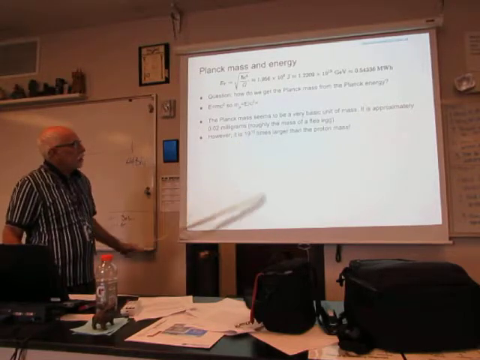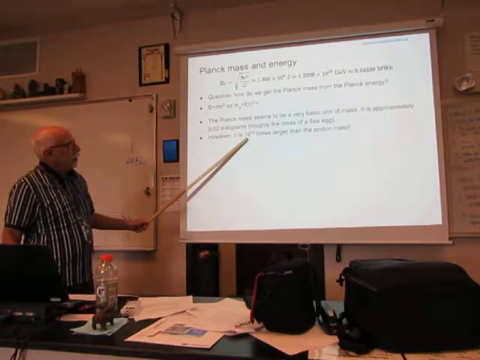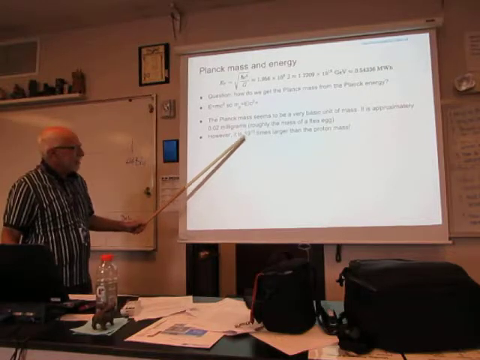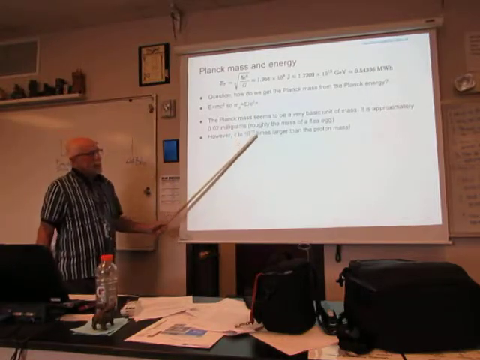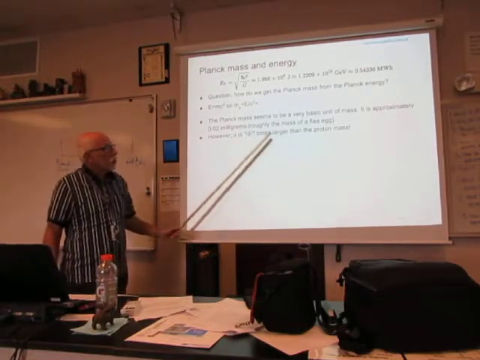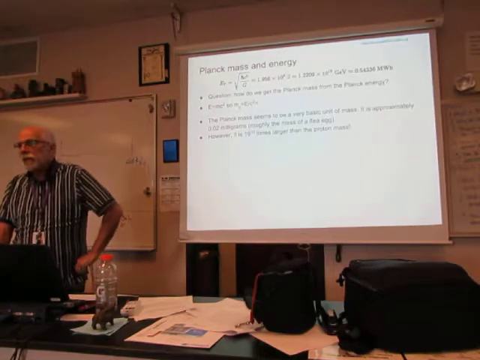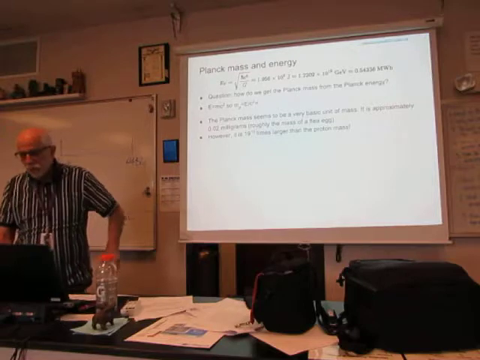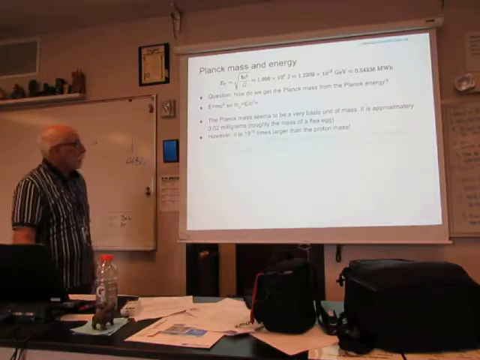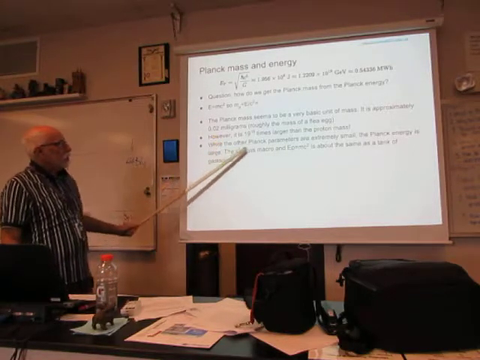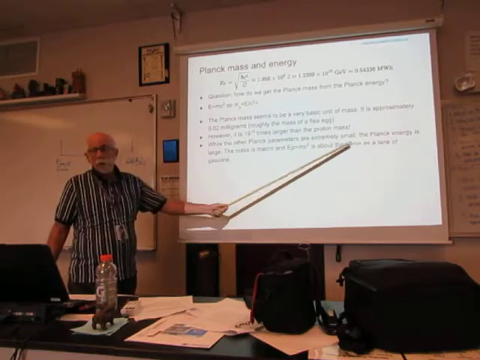And the Planck mass is, that's backwards, it's 10 to the 19th times larger than the proton mass. That's a huge number compared to a proton. So once again, the other Planck parameters we talked about are extremely small.